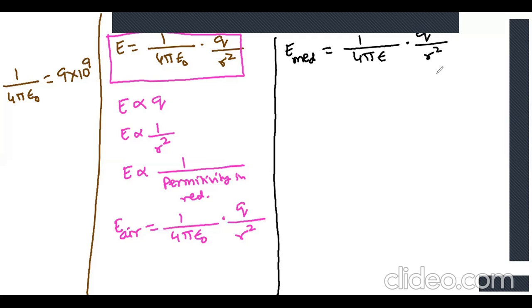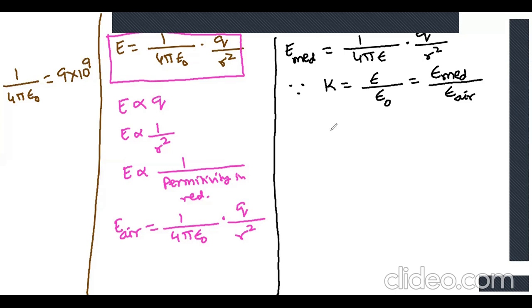By the definition of dielectric constant or relative permittivity, K equals epsilon by epsilon naught, or epsilon medium by epsilon air.